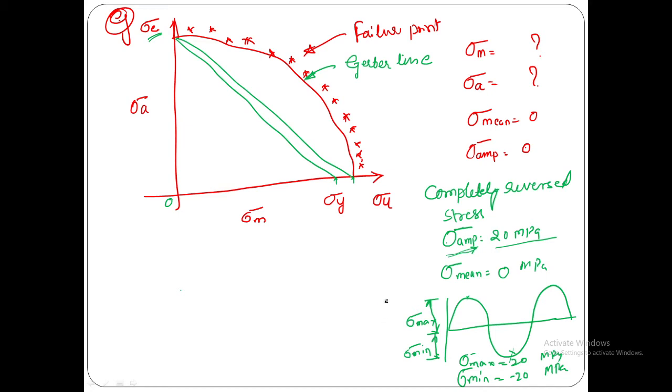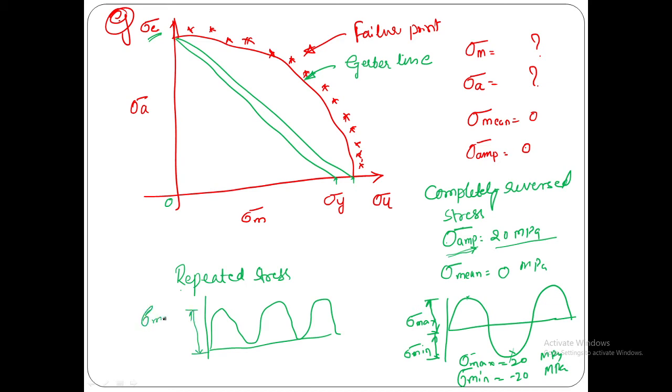One more case I think I have given. What is the case of repeated stress? In this case only sigma max is there, 20 megapascal, and sigma minimum is 0. Now we calculate the value of amplitude stress and mean stress.